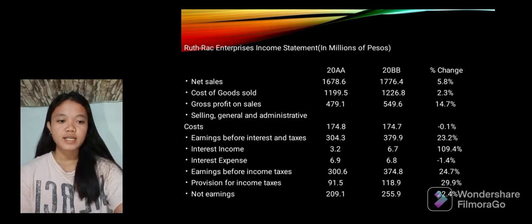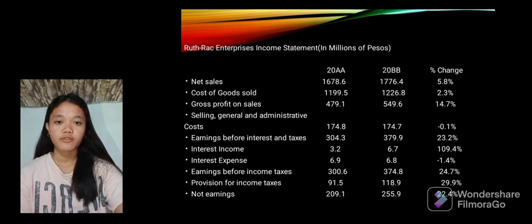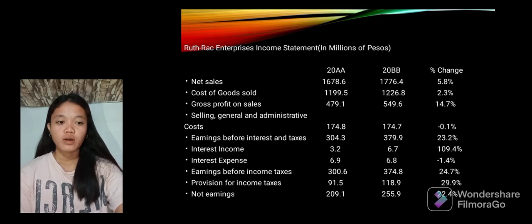Root Rock Enterprise income statement in millions of pesos. Net sales 1,678.6, 1,776.4, 5.8%. Cost of goods sold 1,199.5, 1,226.8, 2.3%.